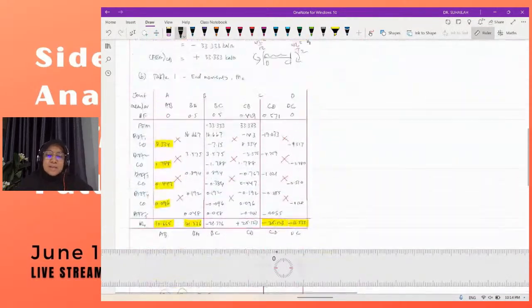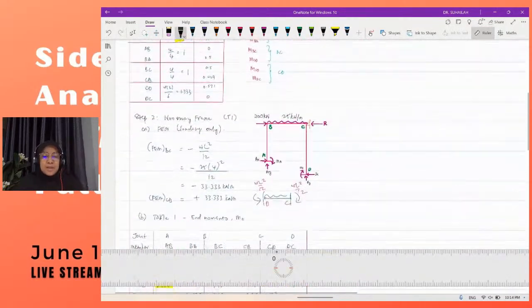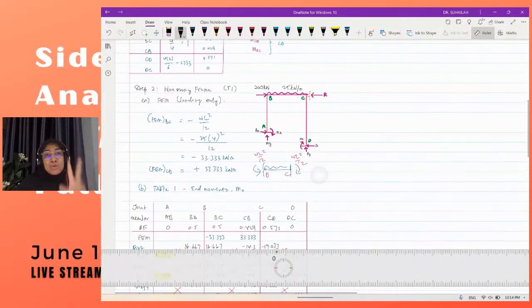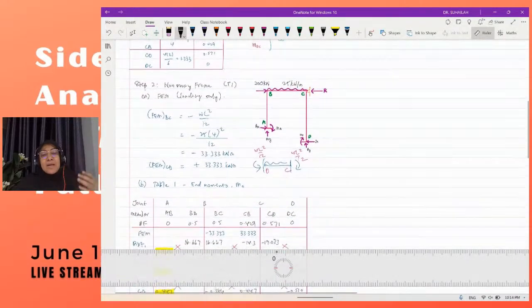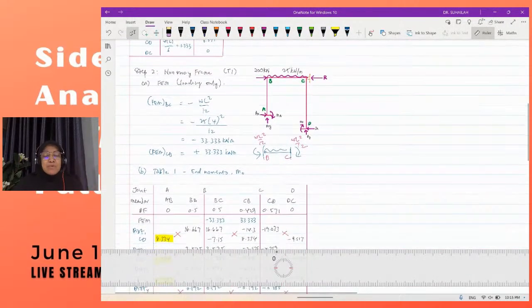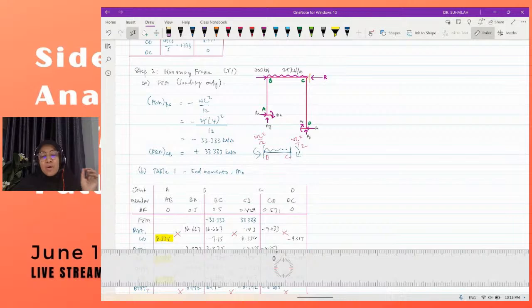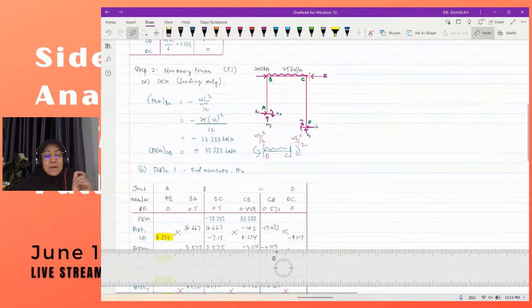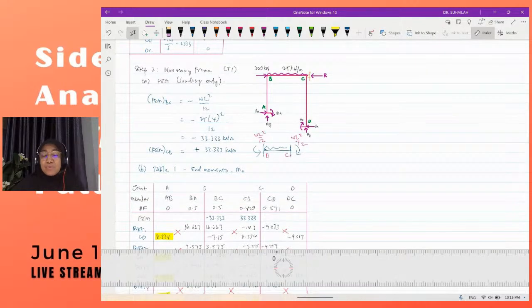This is the process. Step number 2 and step number 3 have ABC, same thing. The difference in step 3 is only for A, because for step 3 we have to assume FEM due to side sway.